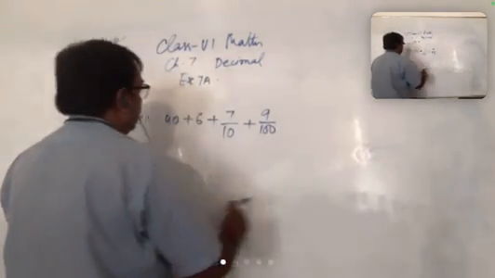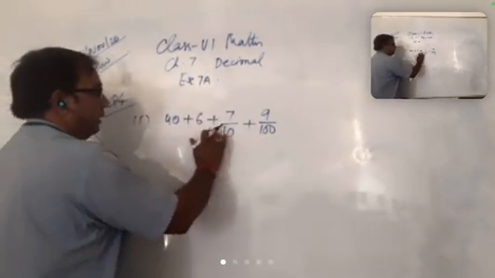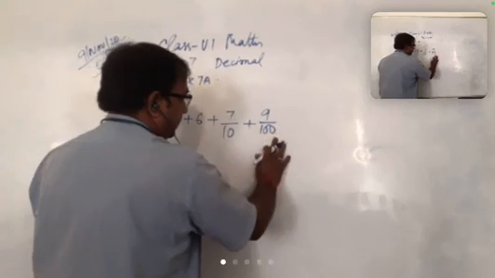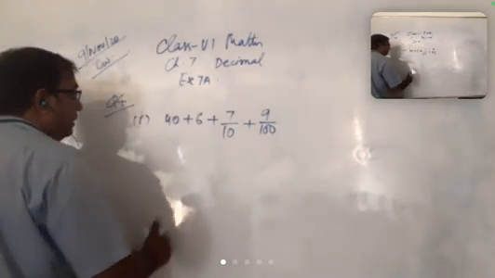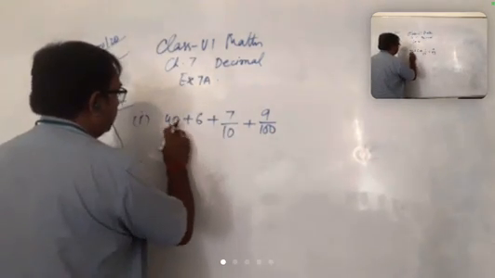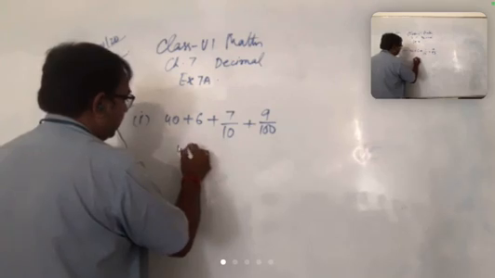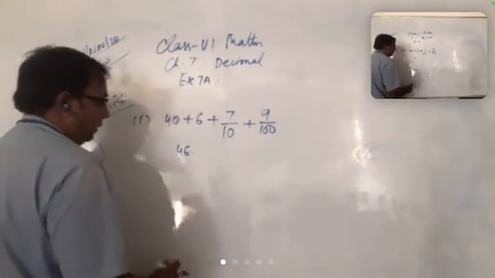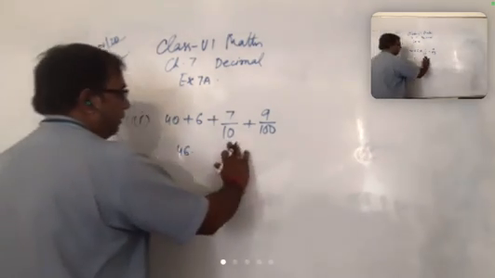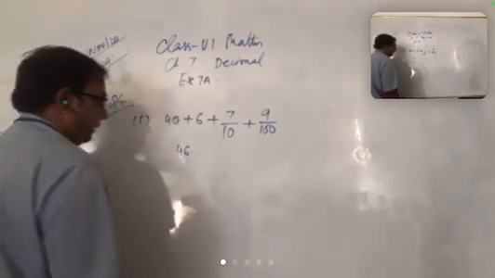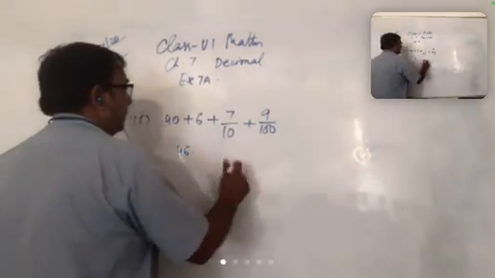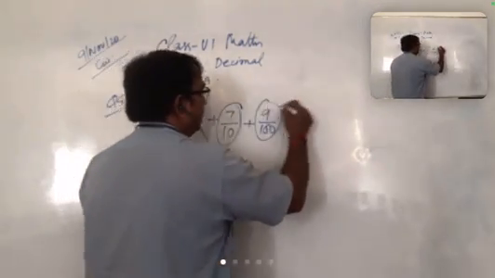So this is 40 plus 6 plus 7 tenth plus 9 hundredth. We know that 40 plus 6 is 46. Then we put a decimal point because this is a fractional number, a decimal fraction.